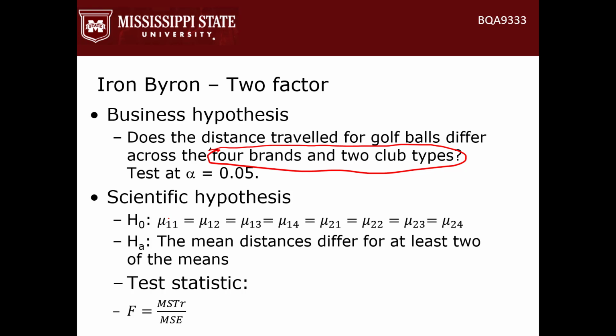And you can see here, at the beginning, we've got 1 and 2. These are the levels for the club. And the 1, 2, 3, 4 are the levels for the brand. I could actually give these names if you wanted.